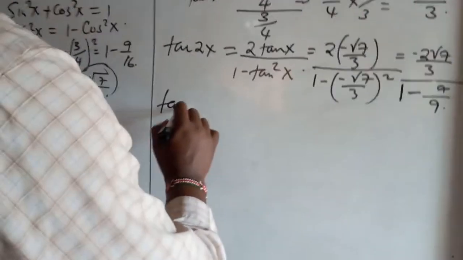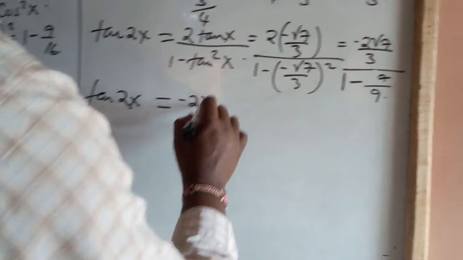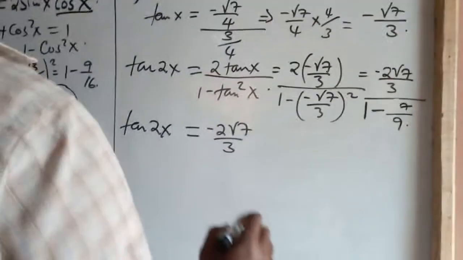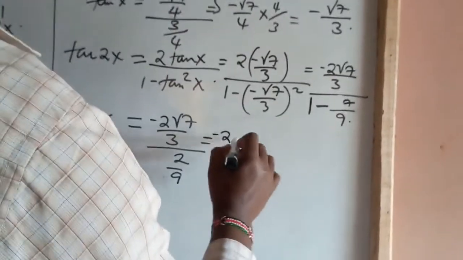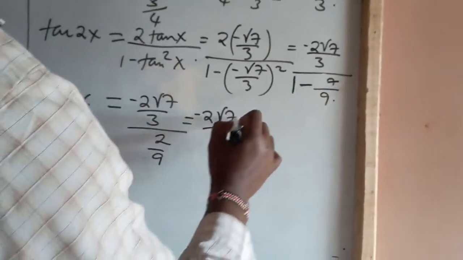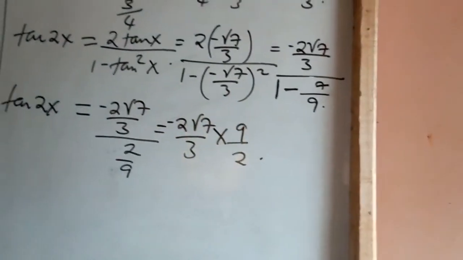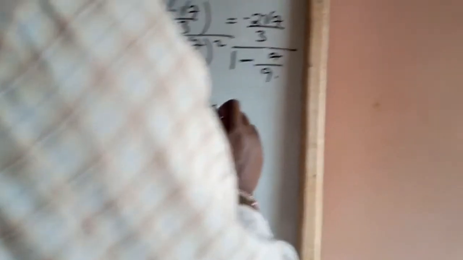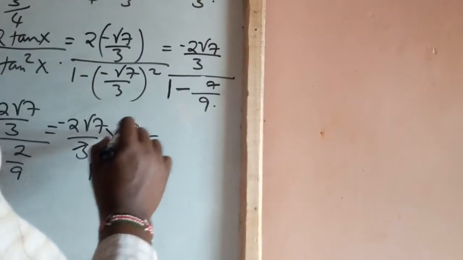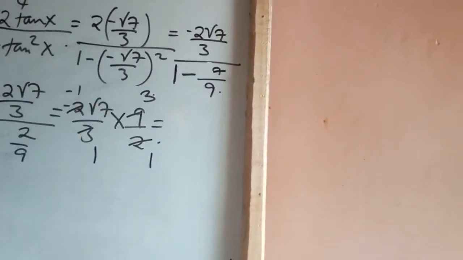So the tangent of 2x is equal to minus 2 root 7 over 3 divided by 2 over 9, which is negative 2 root 7 over 3 times 9 over 2. Times 9 over 2, 3 goes into 9 three times and 2 goes into 2 once.